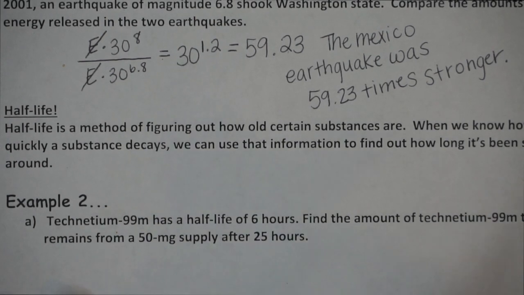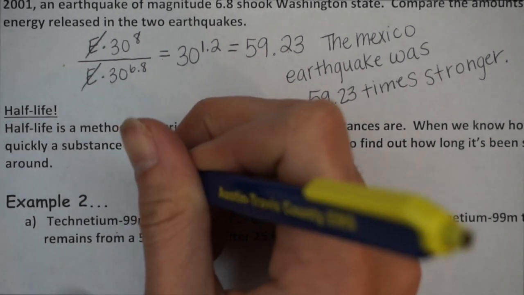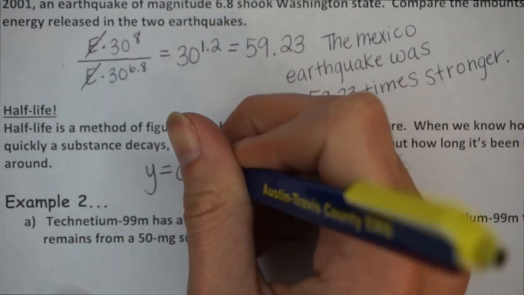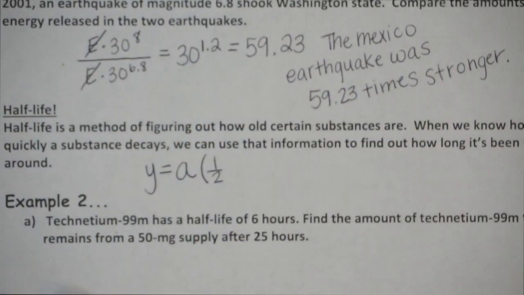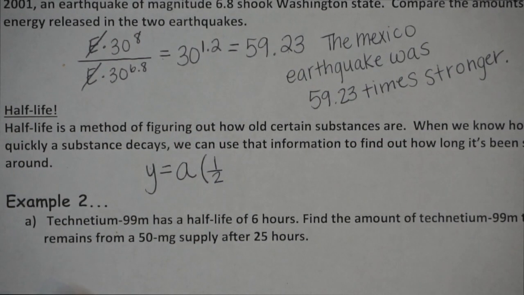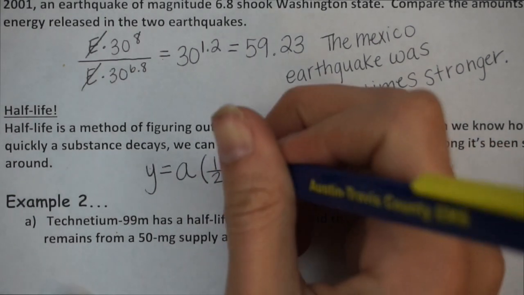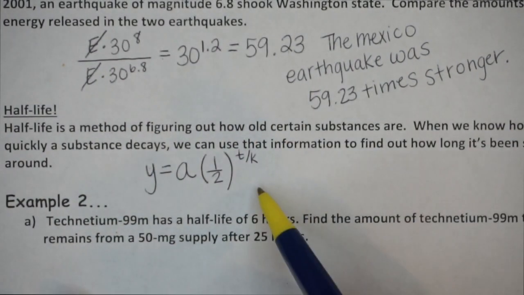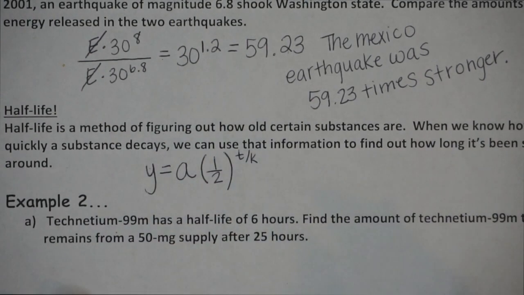And the equation that you use for half-life is y equals a times 1/2, hence the term half-life, to the power of t over k. So that's actually a fraction as the exponent.